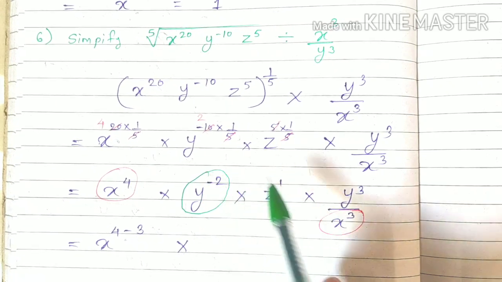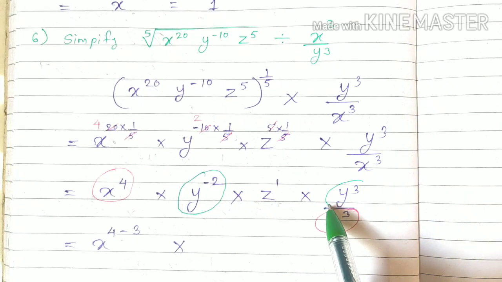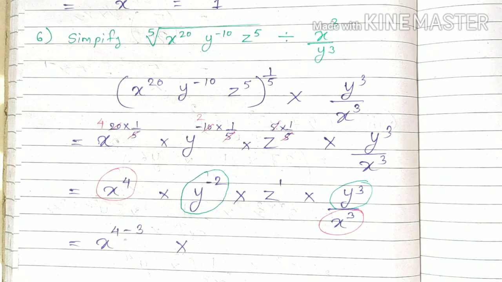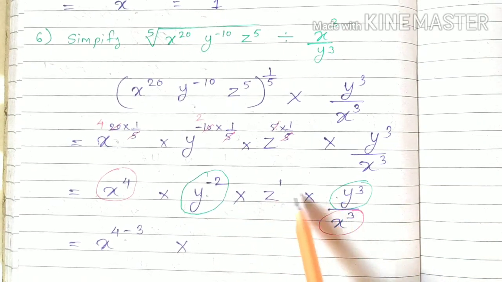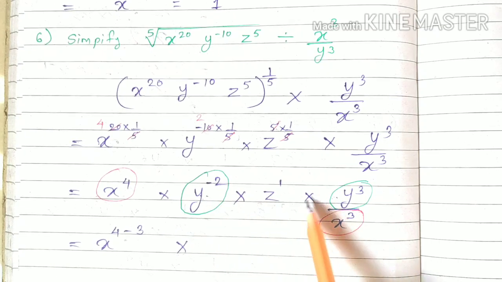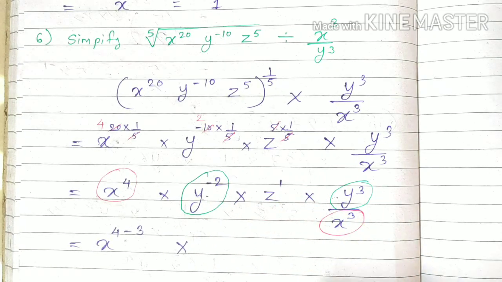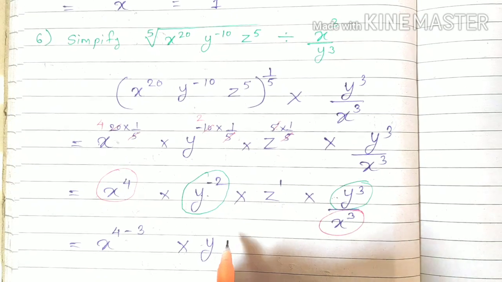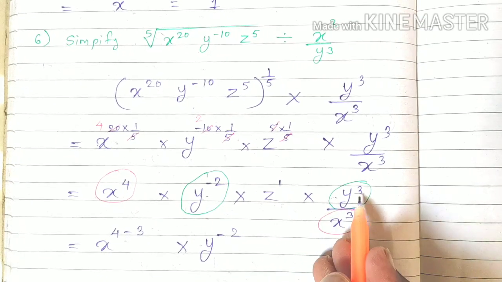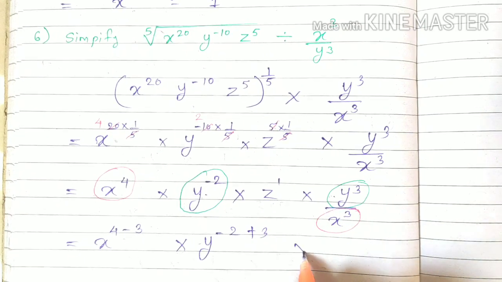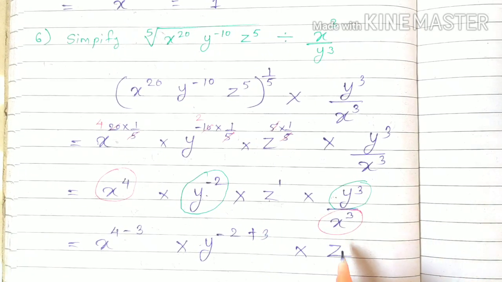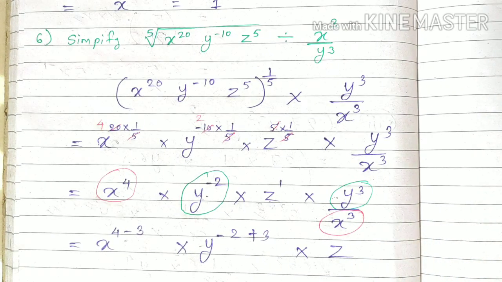Is there any other base with y? Correct. So both of these are in the numerator, that means in the multiplication, so there should be the addition of their powers. So minus 2 plus 3, and multiplied by z. There is no similar base with z.